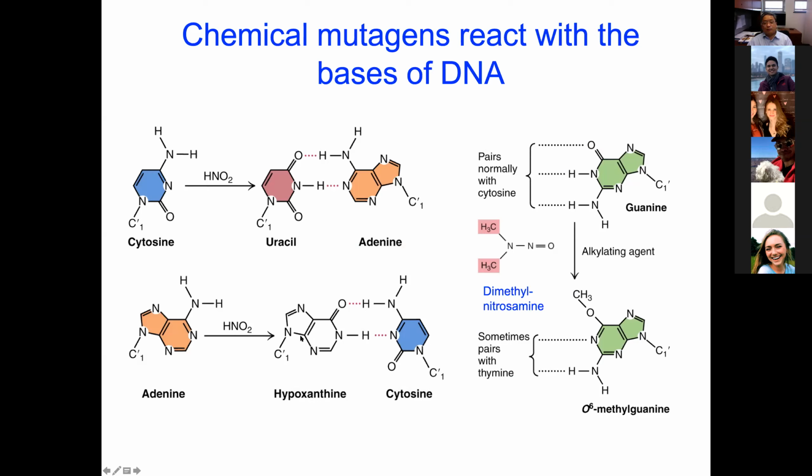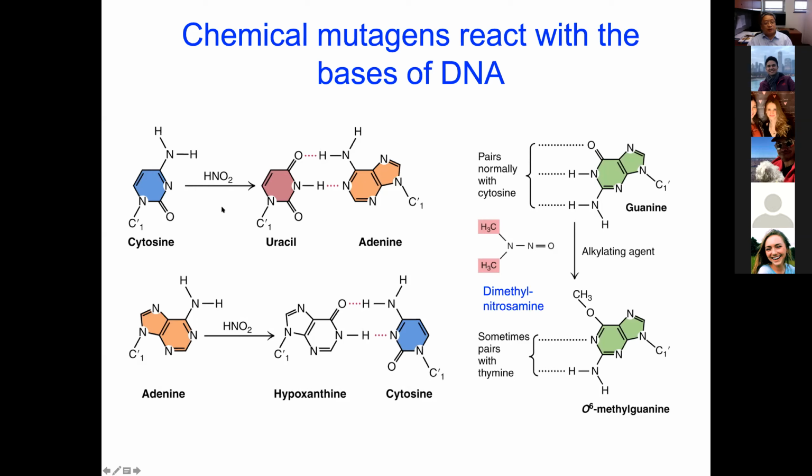So these are chemical modifications of the bases. If you look at foods, especially preserved meat, in a lot of cases you'll see some of them contain nitrates. Under acidic conditions, nitrates will generate nitrous acid, which can modify the DNA. So this is a food preservative, and I believe it's still used in a lot of products.